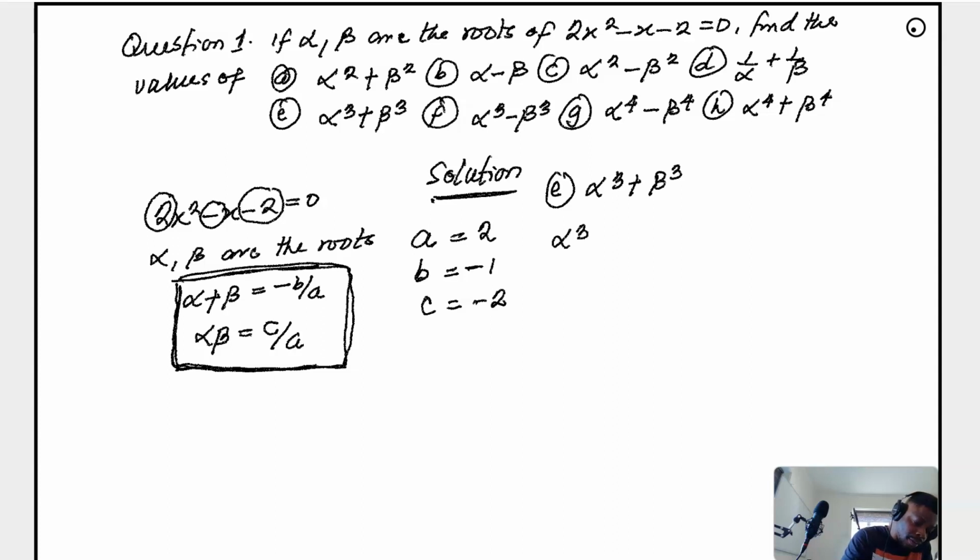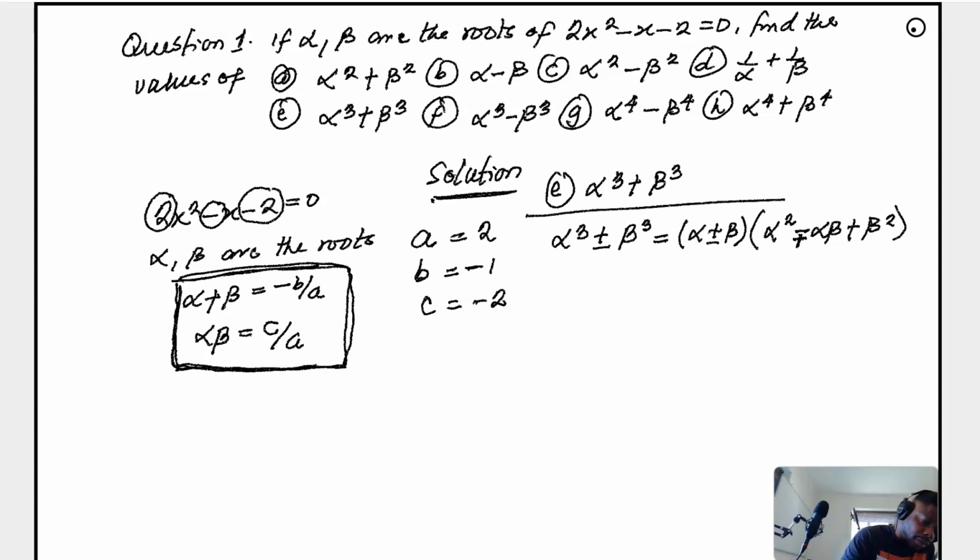So when you are having cube, sum or difference of two cubes, this is the formula you are going to use. This is the formula you're going to use.